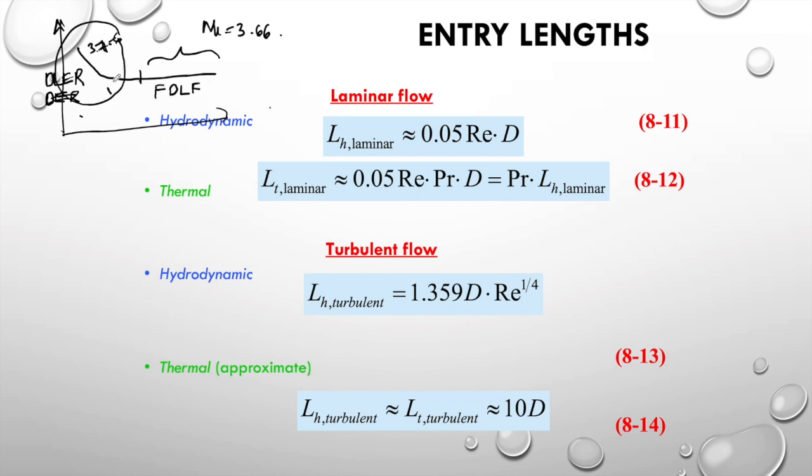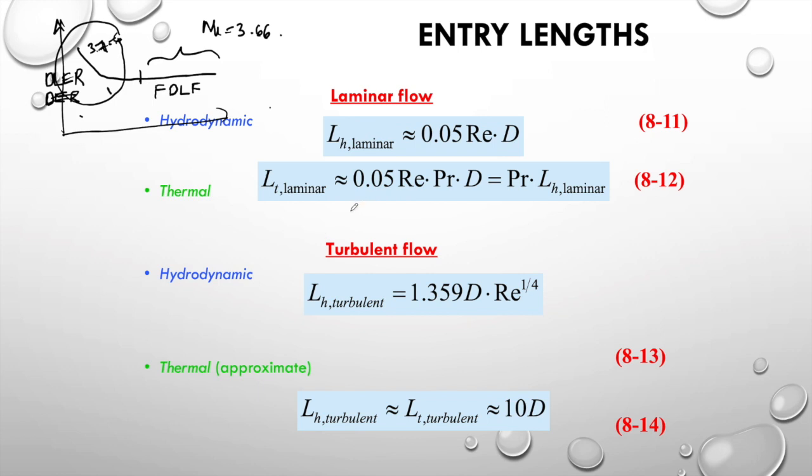So to understand this, you have to calculate the entry length. That's why, from the previous example 7, I tried to find the LT, the thermal length of that laminar flow, and we found that it is about 100,000 compared to your 200 meter cylindrical pipe.